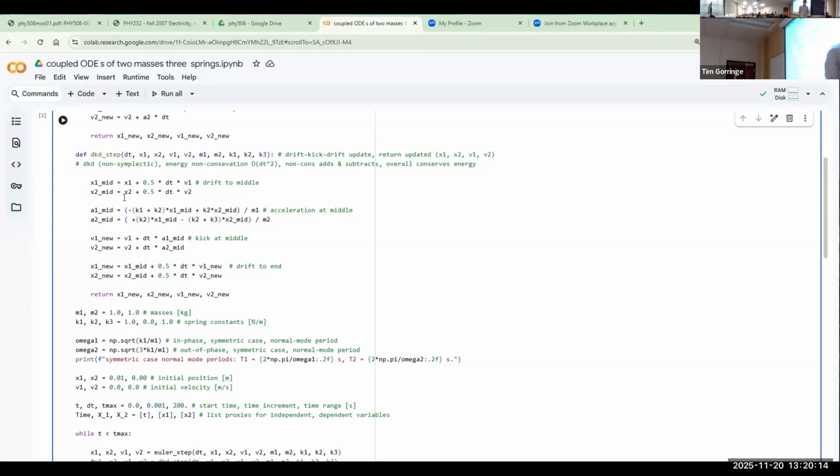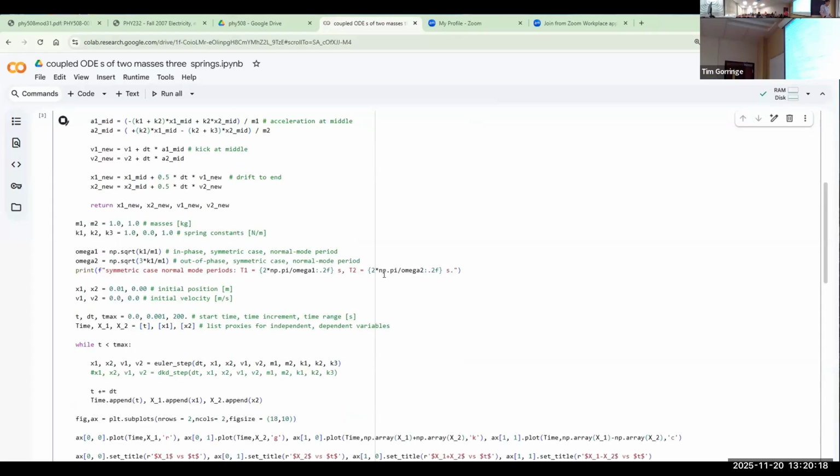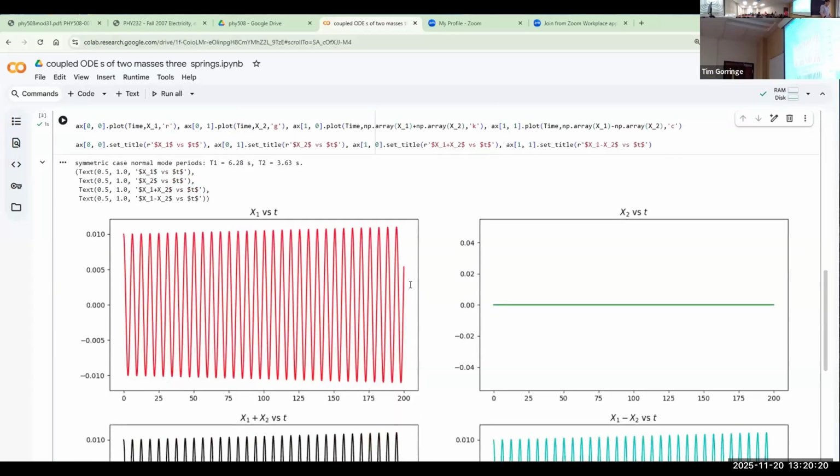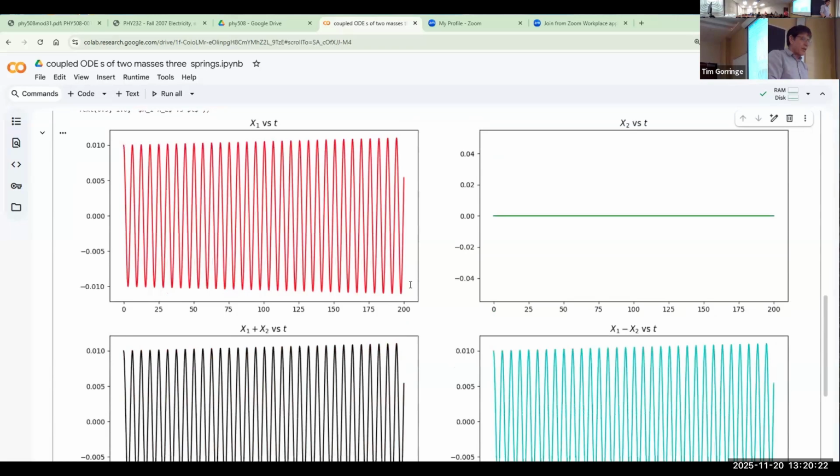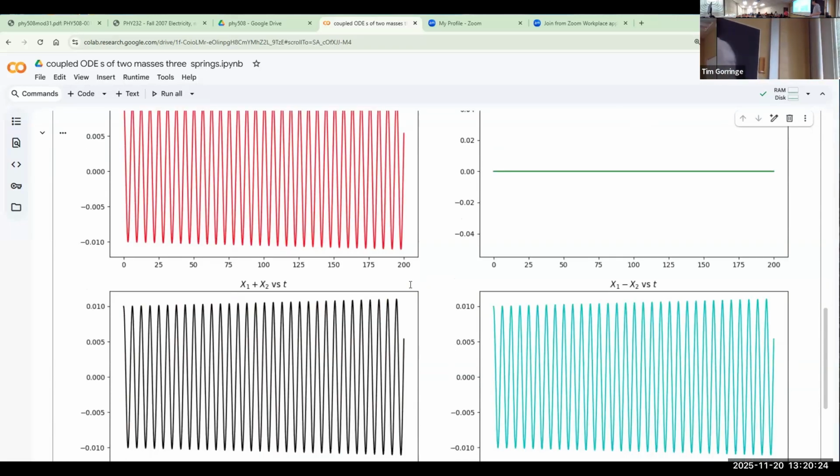So this is an important test case. If we run that, that's exactly what we see here. Here's the mass on the left-hand side, oscillating to and fro. This is the one that we displaced. Here's the mass on the right.